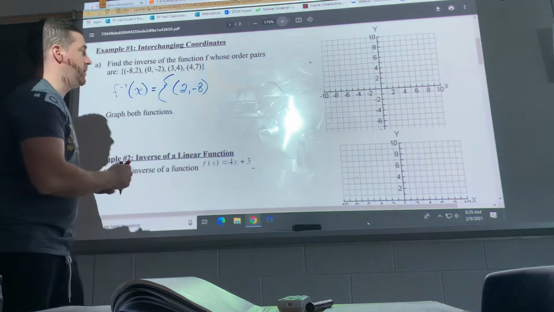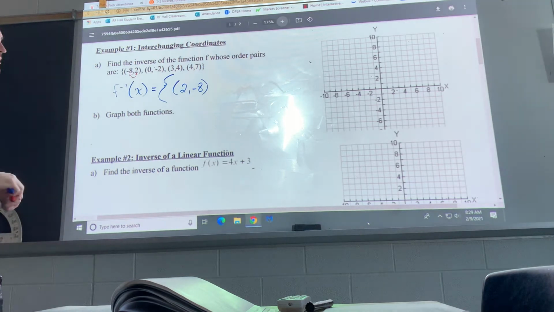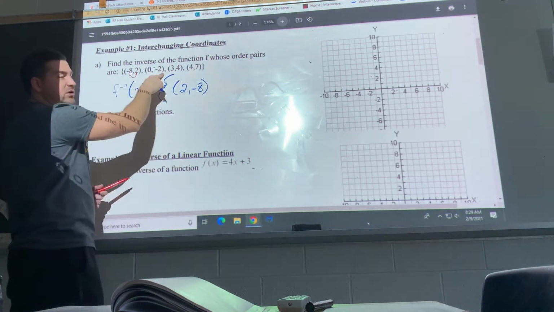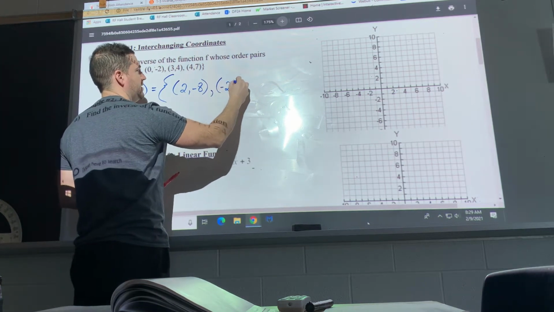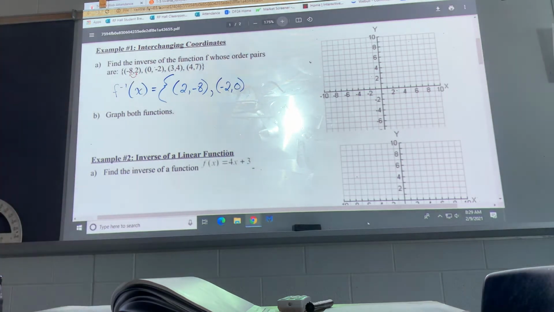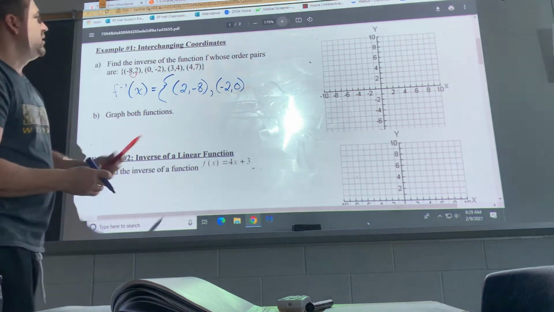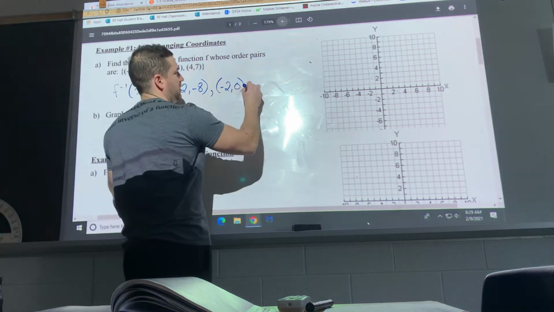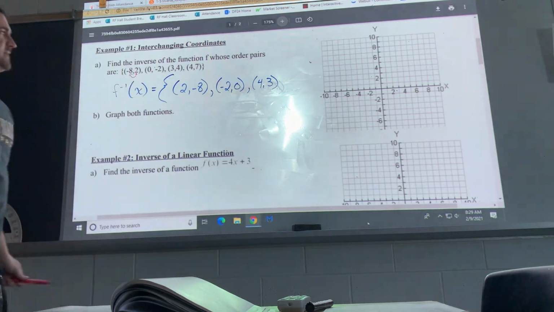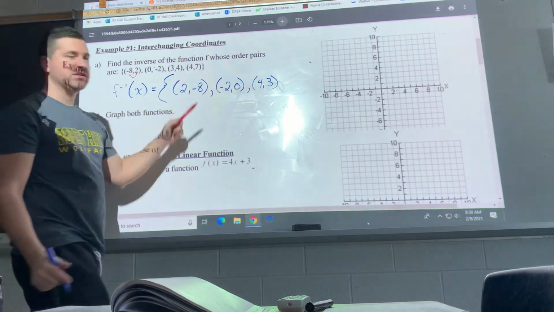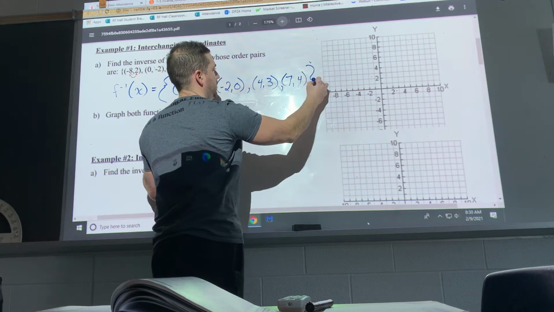So we switch them. The (-8, 2) becomes (2, -8). The second point is (0, -2), so the inverse is (-2, 0). We're swapping the points here. Then the point (3, 4) becomes (4, 3), and our last one, (4, 7), becomes (7, 4).